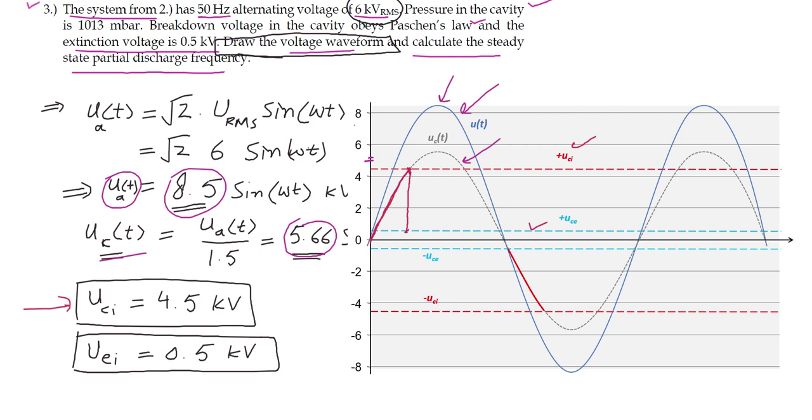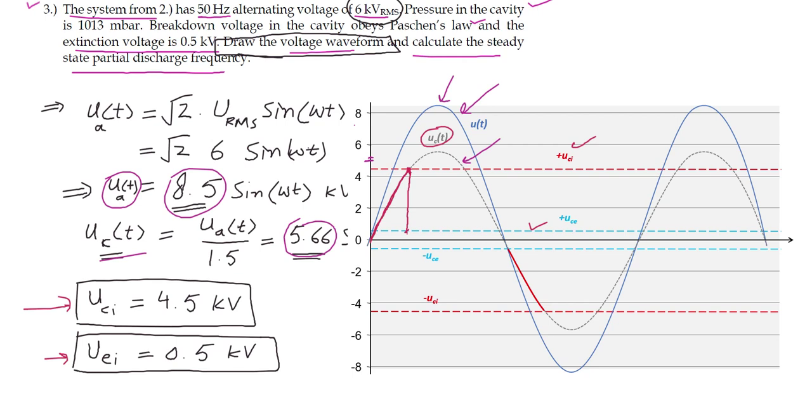Now here our voltage was 4.5. Now we came from 4.5 to 0.5 kilovolt, as this UEI is 0.5, which means our UC waveform is shifted down by how much? By 4 kilovolts.